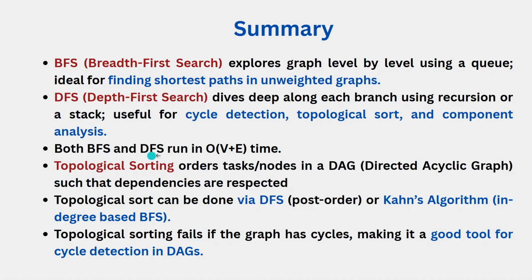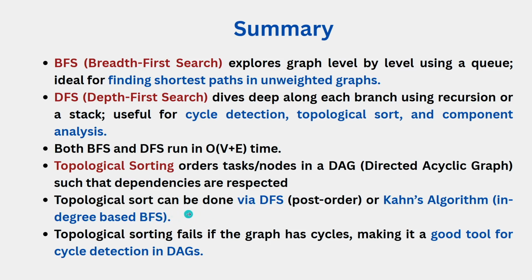Both BFS and DFS traversals require a time complexity of order of V plus E, and in order to put the vertices in a graph in some ordering, we go for topological sorting. But to perform topological sorting on a graph, first of all, it should be a directed acyclic graph.